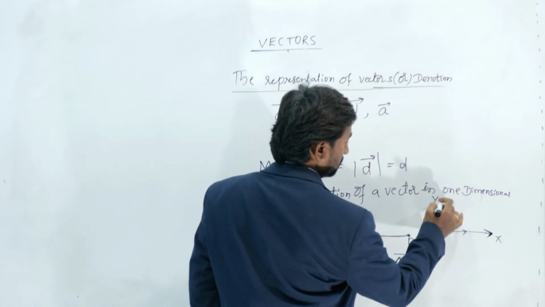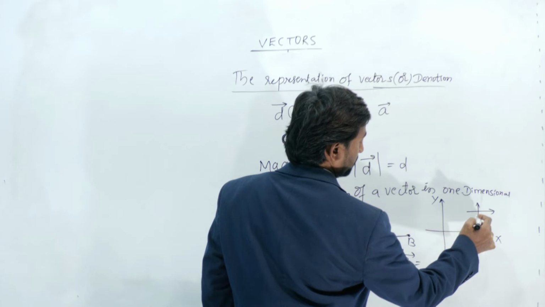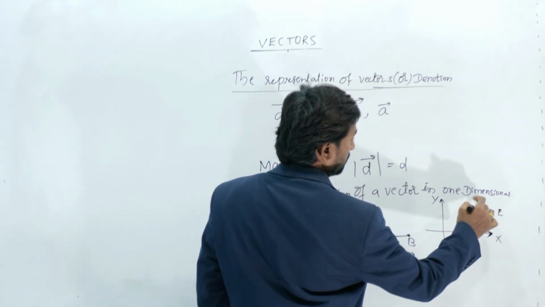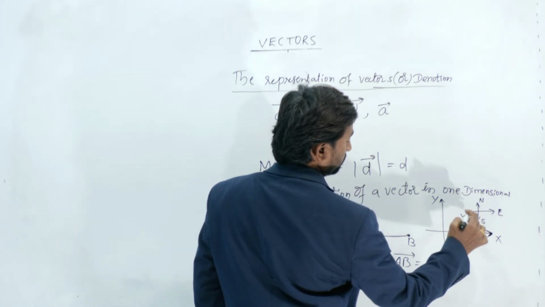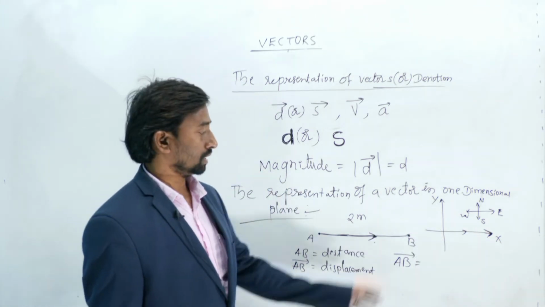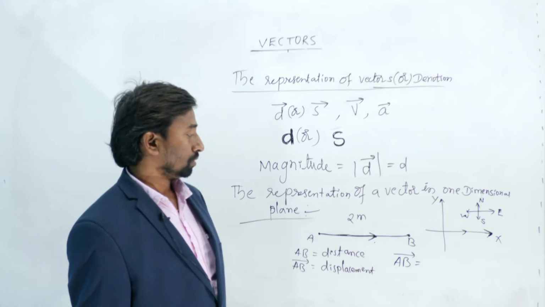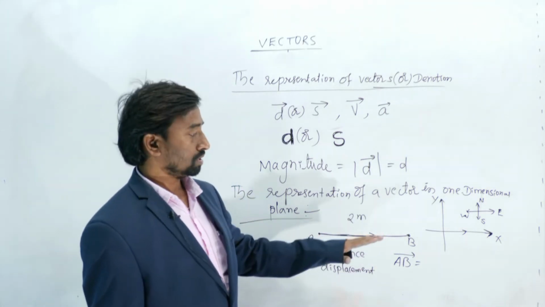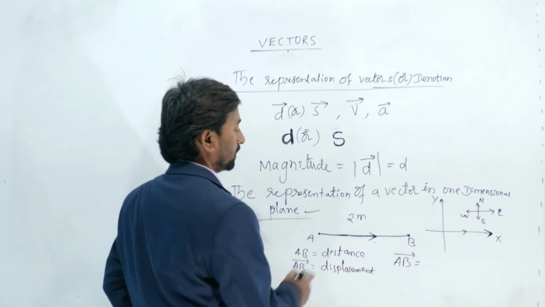We consider the direction for every vector. The right side is east, top is north, down is south, and the left side is west. It is moving towards east, which is along the positive x direction. To represent this displacement along the positive x direction with the magnitude in vector form, we write this magnitude.